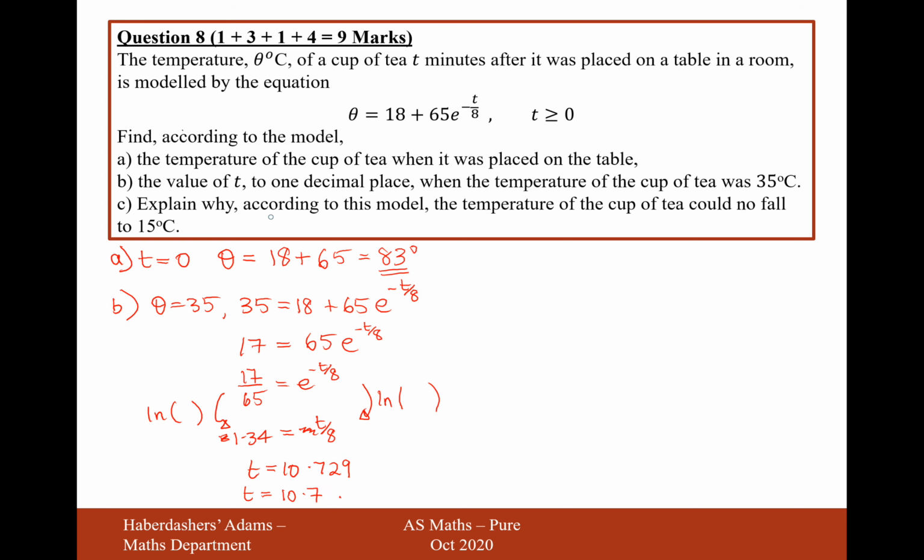Moving on to part C, explain why, according to this model, the temperature of the cup of tea will not fall below 15 degrees Celsius. The reason for this is because e to the power of anything, let's just put e^x, is always positive, so therefore 65e^(-t/8) is always going to be positive as well, so therefore 18 + 65e^(-t/8) is always going to be greater than 18, because we've just added 18 to both sides of this inequality here.